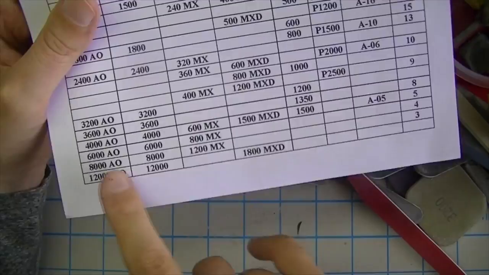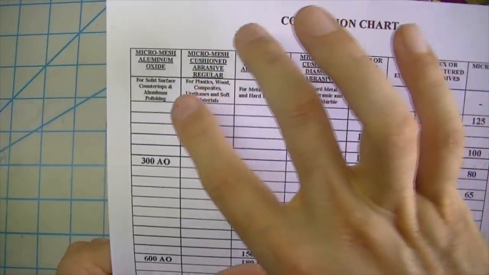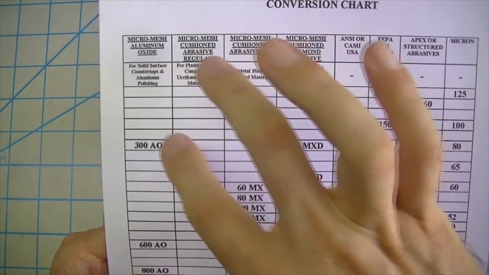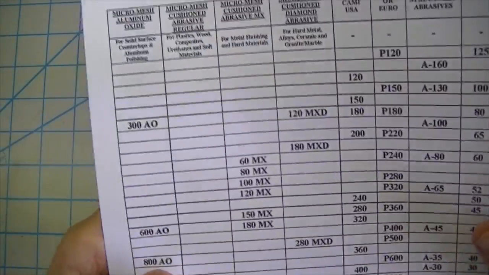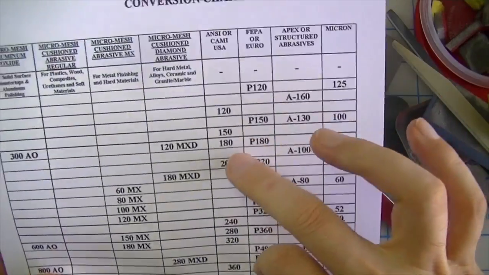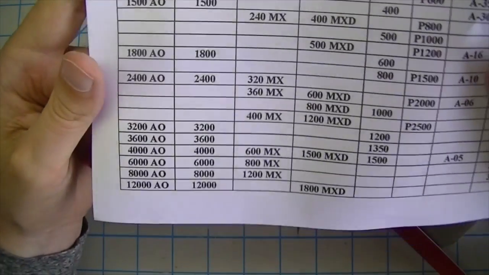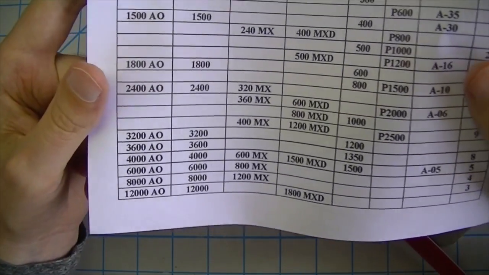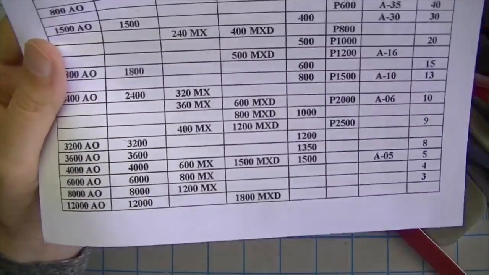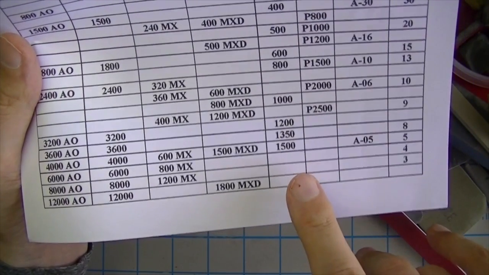And this is why. If you look here at the bottom, this is micro mesh aluminum oxide over here in this column. And you can see that they start at 300, and that's the equivalent of 180 grit on every other scale pretty much. And then it goes on down to their finest, 12,000 grit, which is obviously finer than the finest that you'll see on the European or the American standard.